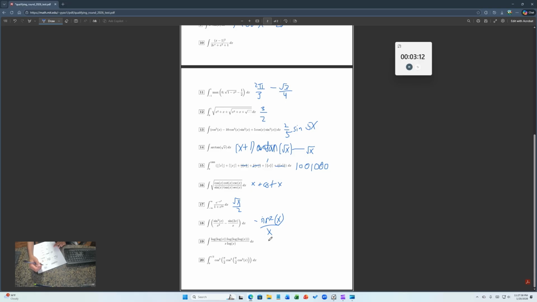I think you just integrate by parts now, because you let w equals log v and y equals 1/2 v squared. So it becomes v squared log v over 2 minus integral of v over 2, which is v squared over 4.